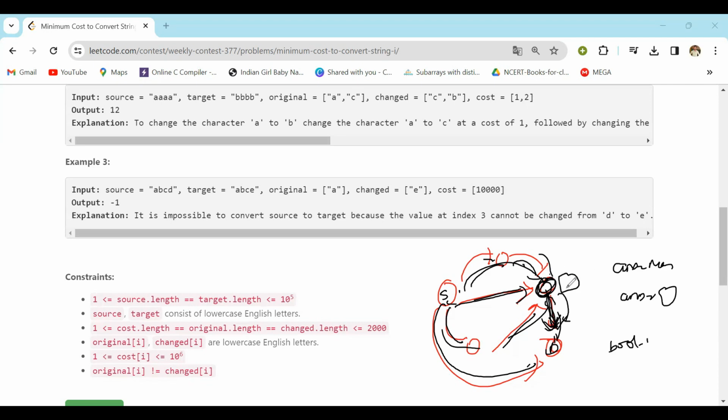There was some cost associated for coming here. So from here, when we went, there was some cost associated, right? What was the cost? We know this length, we can update it. Okay, this is the cost. And we can send back the cost from here, whatever we encountered, the cost from this edge. We can send it back.